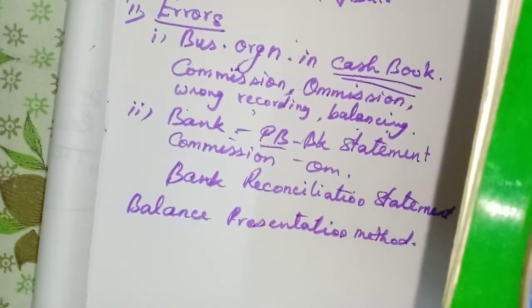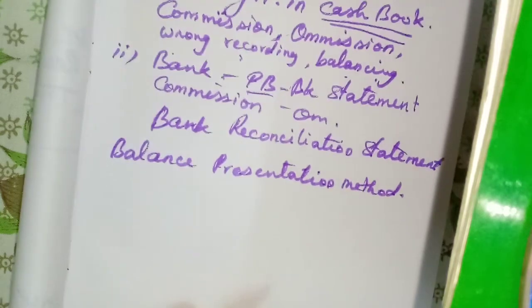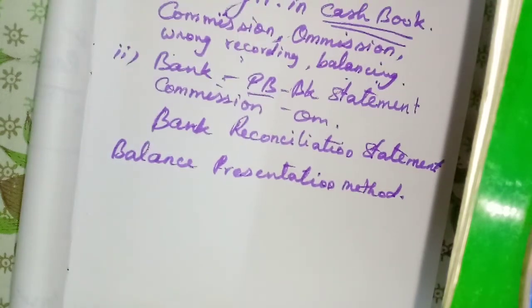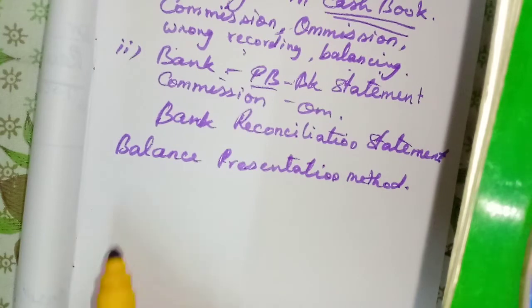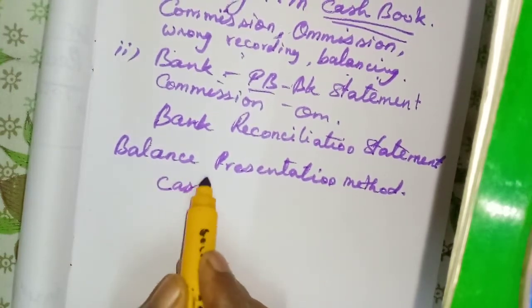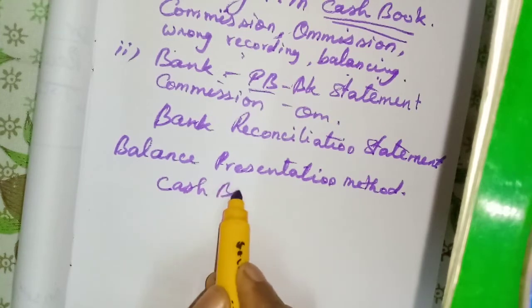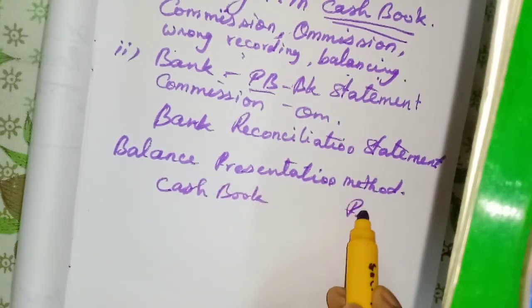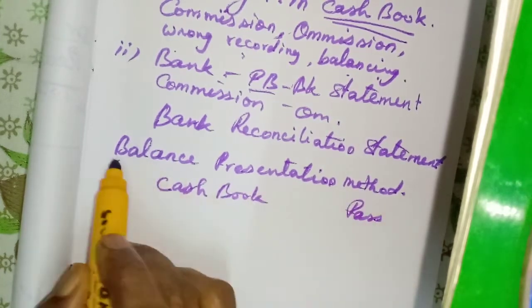In the balance presentation method, they will give the balance. So here we have the cash book and passbook, isn't it? Four balances will be there.